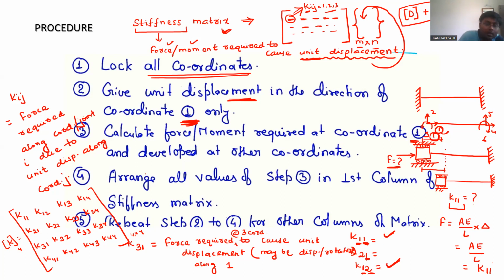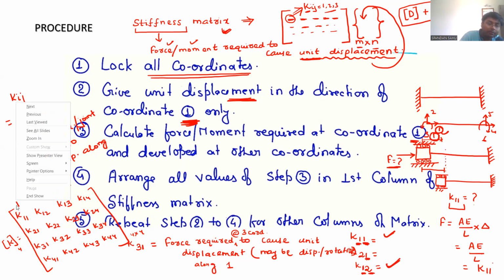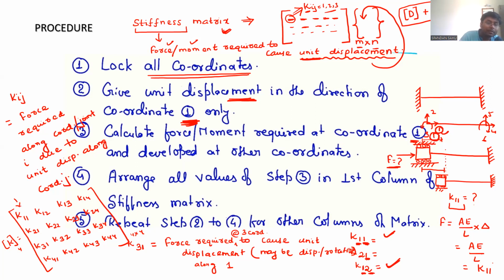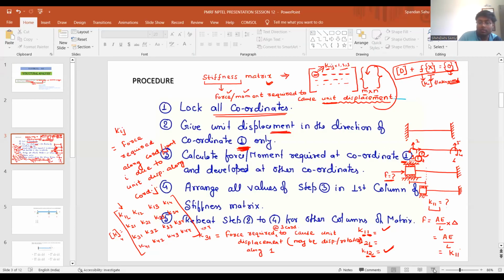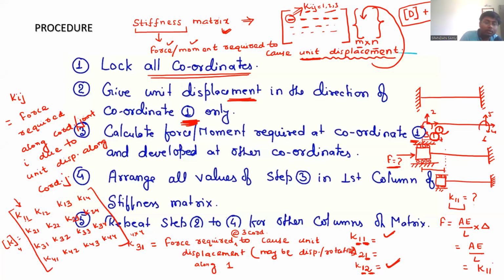Now, arrange all those values in step 3 in the first column of the stiffness matrix. So the first column is this one. Now see, K11 represents, if you want to give unit displacement along 1, then what amount of force you want to give along that direction. So if you have to fill the first column, then your displacement direction is fixed.